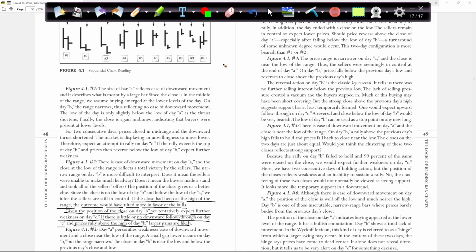So if we have this candle here, which closes here, and then on the next day we have this candle, which closes here, then on day C there could be two possibilities. If it closes near the low, we will see a follow through. And if it closes above, then we may say the bulls are in control.